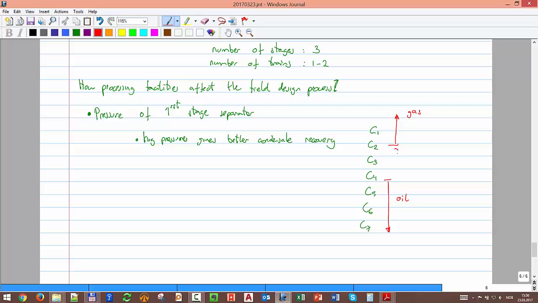But then you have some in between that are the yes and no. If you convince them, they can go here, or if you convince them otherwise, they can go there. And even if you don't believe it, it makes a very big difference at the end on the volumes of gas and oil. One way to convince them is to have the pressure of the first stage relatively high. So high pressure gives better condensate recovery, or better liquid recovery.